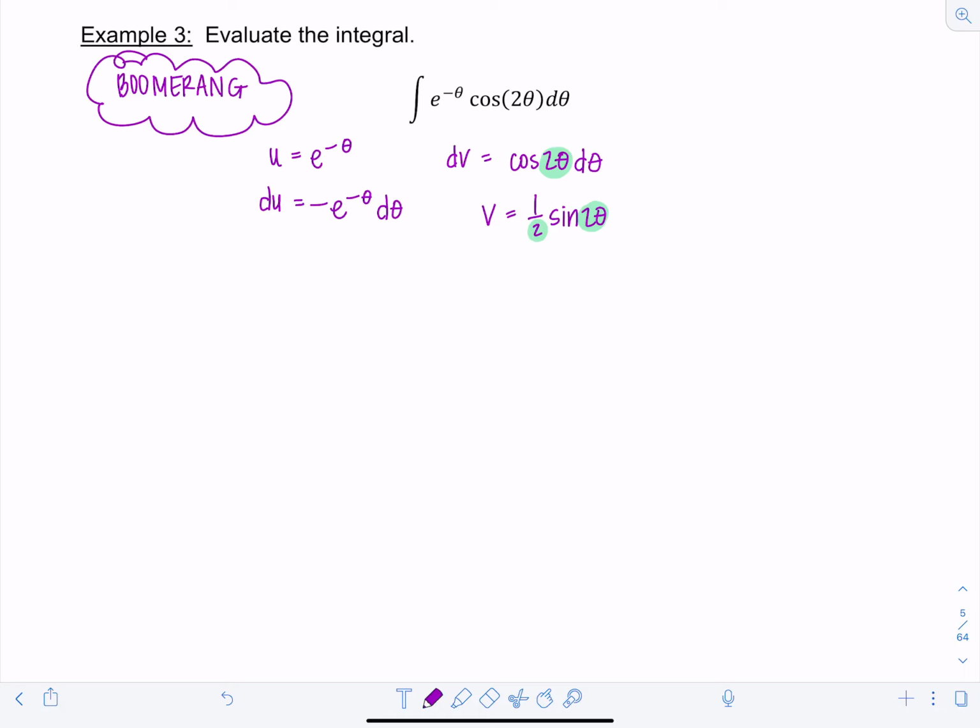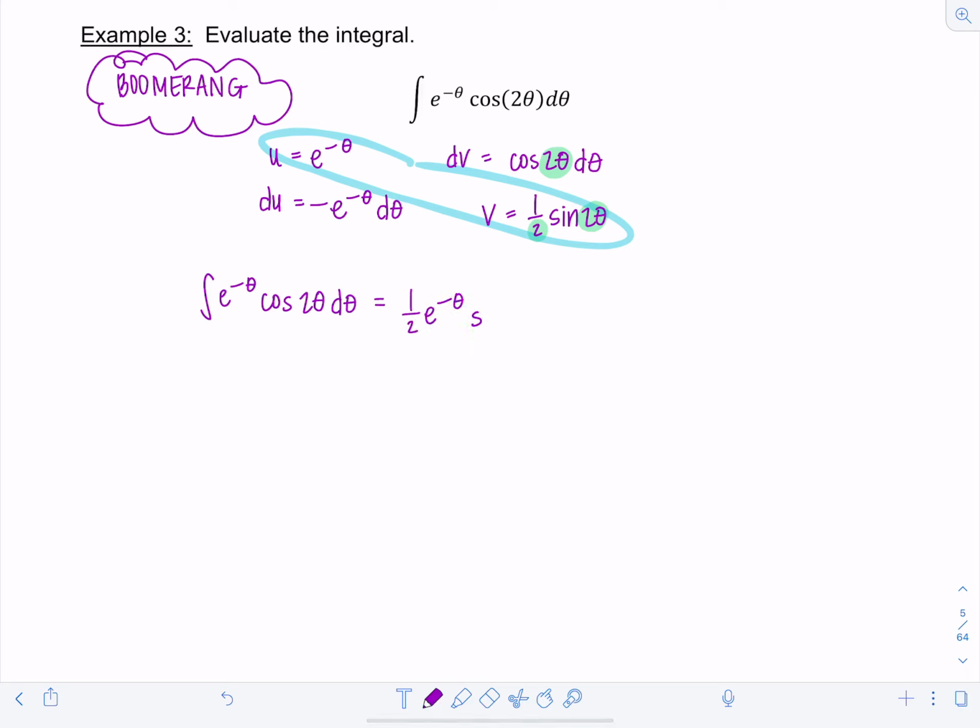All right, so now I'm going to actually rewrite the original integral. We have integral e to the negative theta cosine 2 theta d theta equals, all right, let's see here. So we have this product uv. I'm going to write that as 1/2 e to the negative theta sine 2 theta.